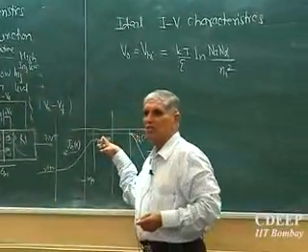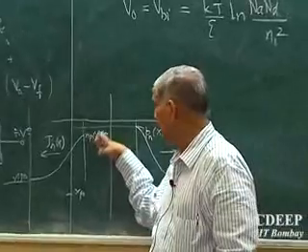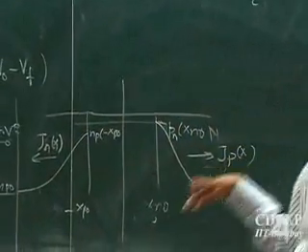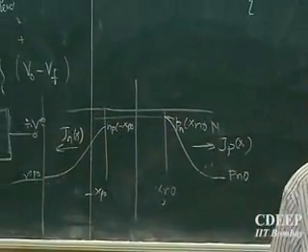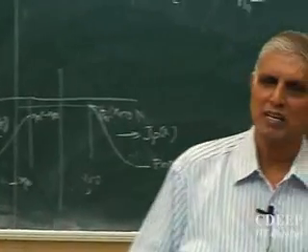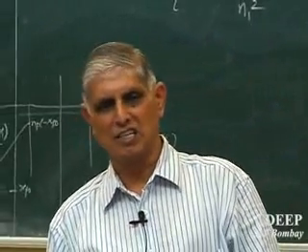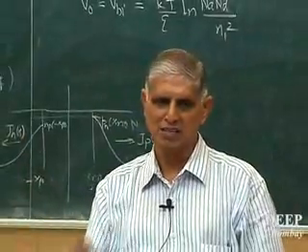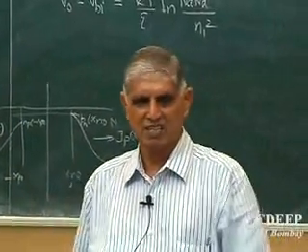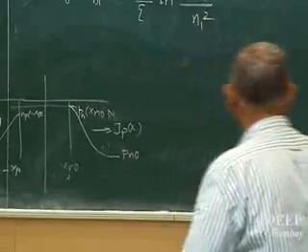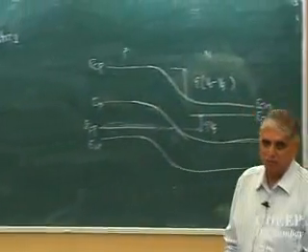Is that correct? So what is the next step for me? I must evaluate dp/dx for pn(x) and np(x), and if I derive that expression, then I can write J equal to q Dp dp/dx minus q Dn dn/dx. So I know the curves. Is that method clear? What is my procedure?